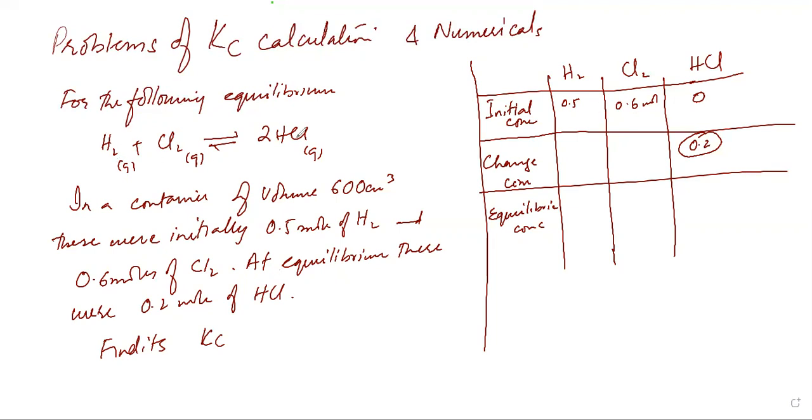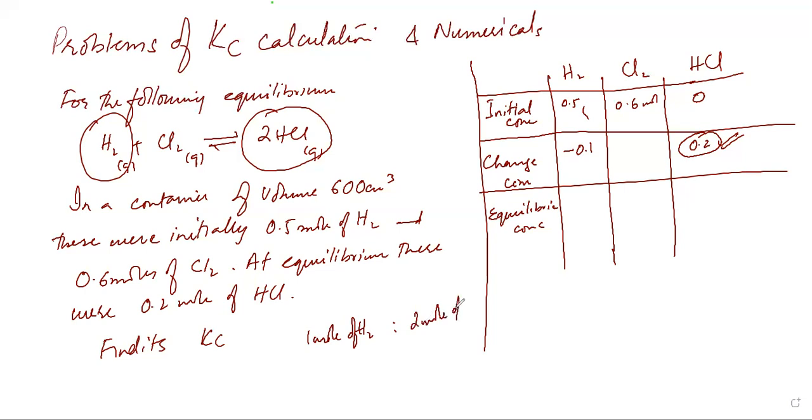If I look at the equation, there were 2 moles of HCl produced from 1 mole of this. So if it is 2 moles at equilibrium, so the change in the reactant will be 0.1. Because now see, 1 mole of hydrogen produces 2 moles of HCl.